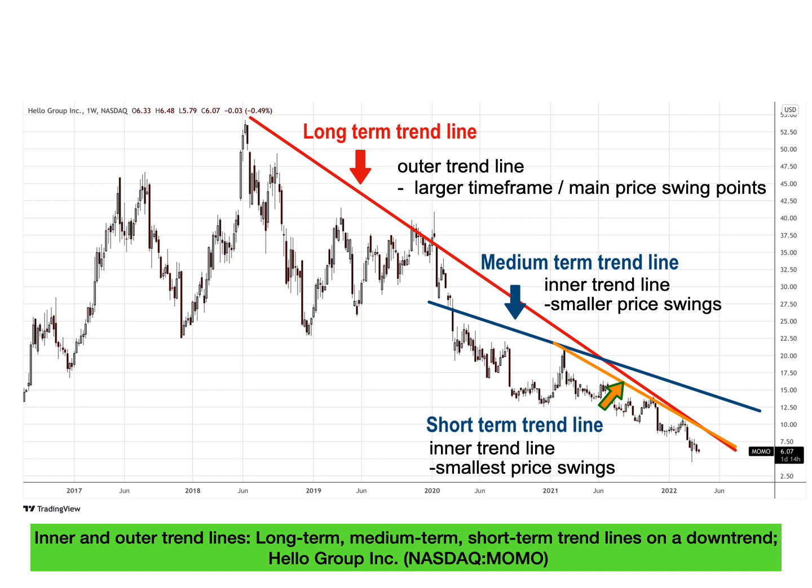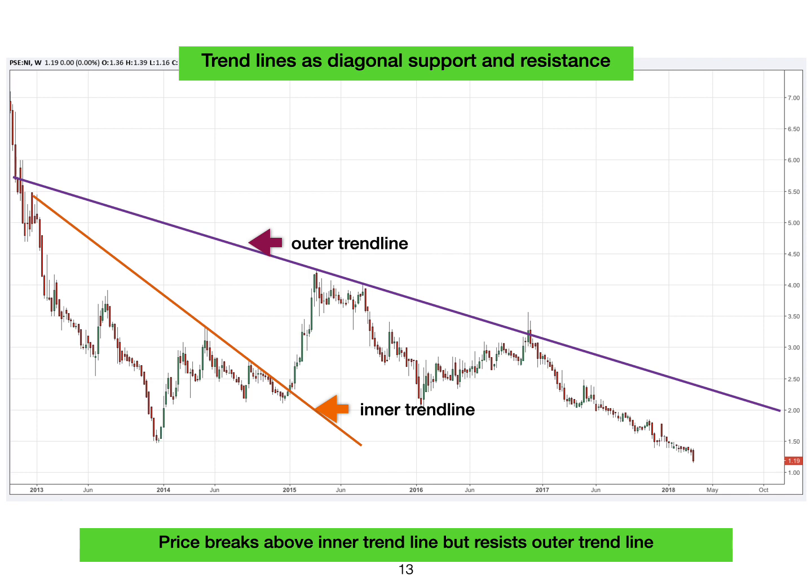The short-term trend line also uses inner trend lines. This inner trend line has a shorter time frame than the medium-term trend lines. It has the smallest price swings. So both inner and outer trend lines serve as supports and resistances.